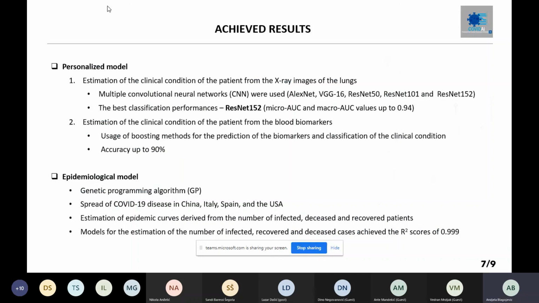And from the section of personalized model, we published 1 paper, and the other one is in the process of review. The published paper is about estimation of the clinical condition of the patient from X-ray images of the lungs.